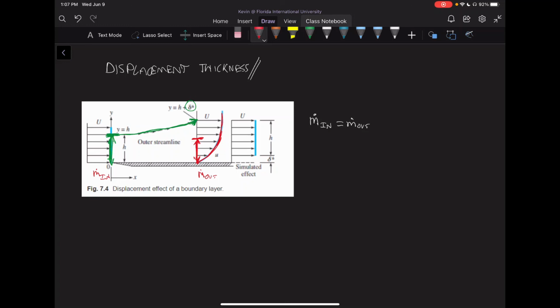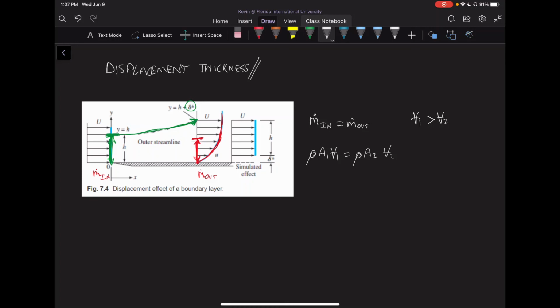So if we look at our equation, we can say that rho A1 V1 is equal to rho A2 V2. And we can say that the average velocity coming in is higher than velocity 2. So V1 average is greater than V2.